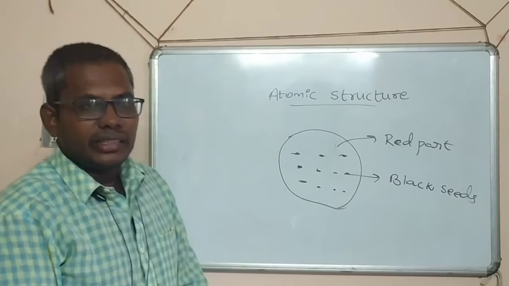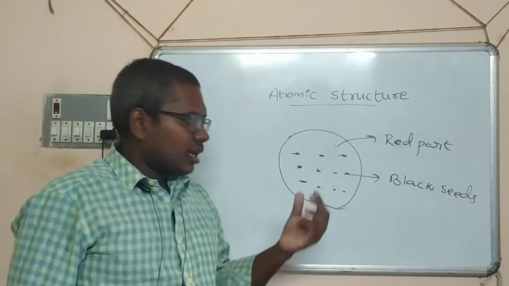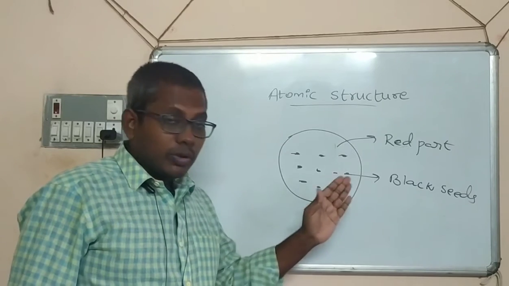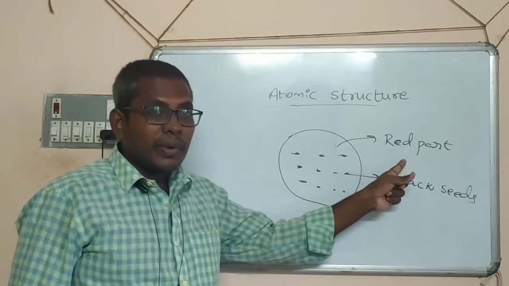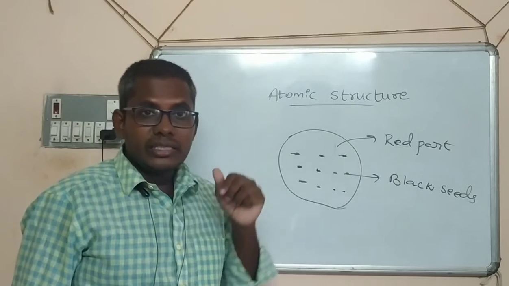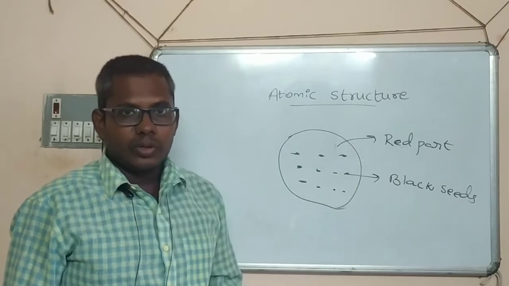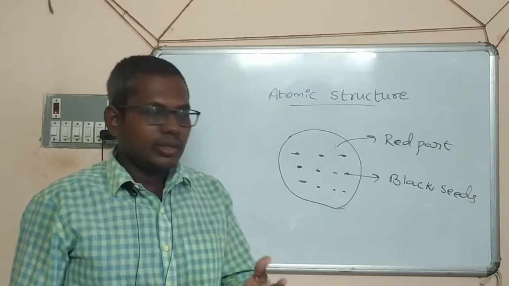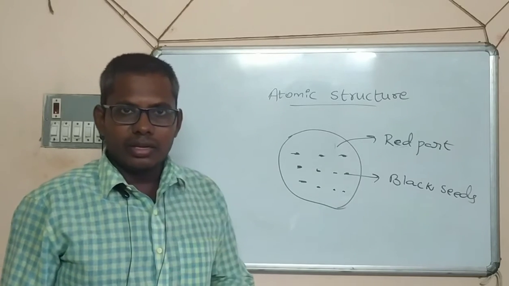So he said that electrons are embedded in the positive charge. If you compare, the red part is more than the black seeds. So he said that inside the atom the positive charge is more than the electrons.